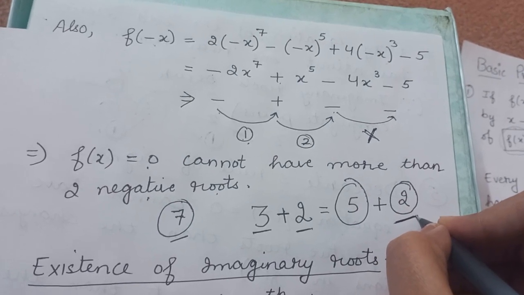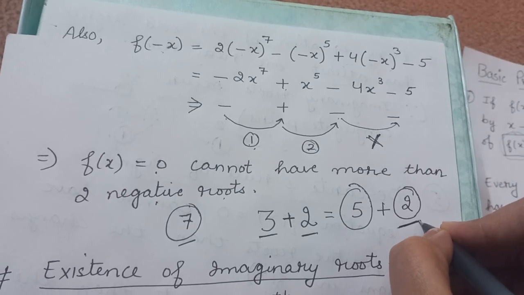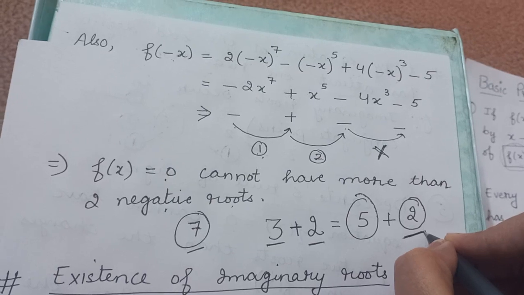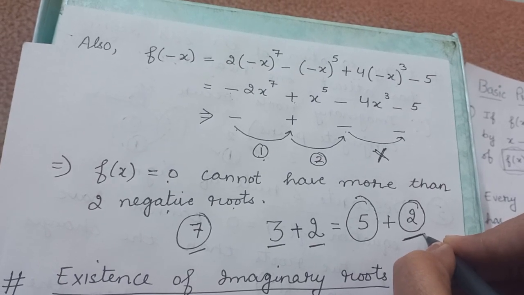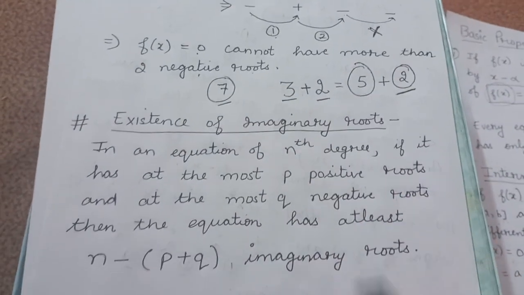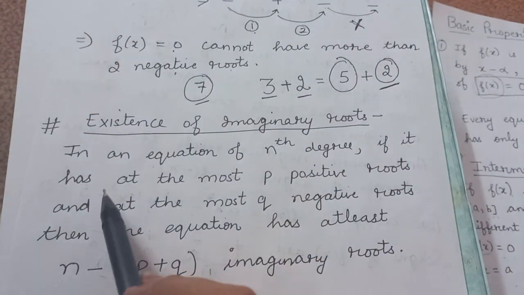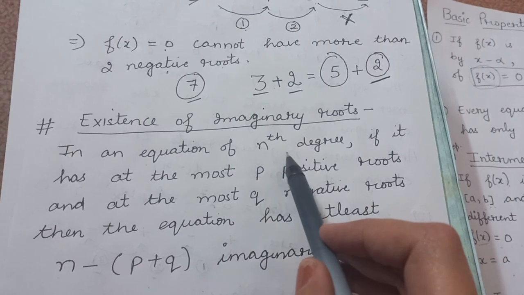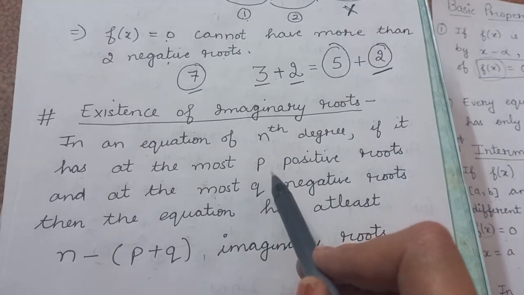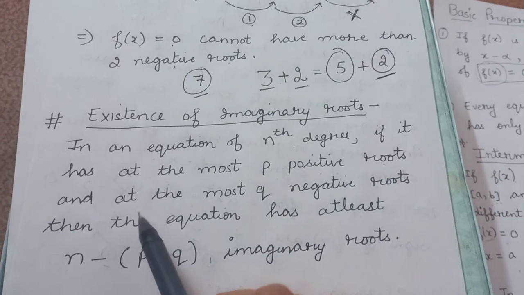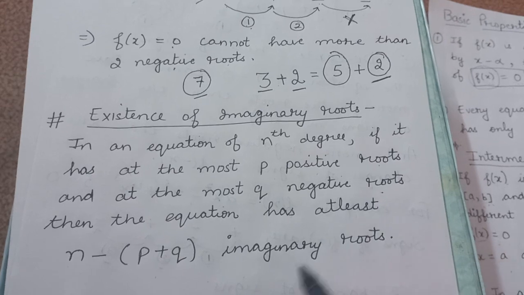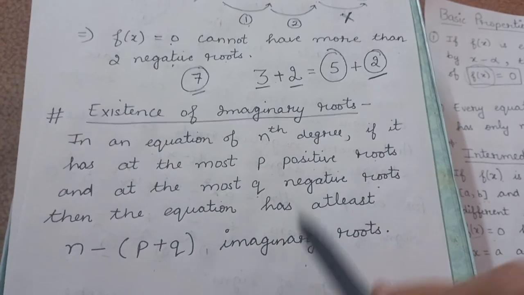Got it? So how can we understand the nature of roots using this Descartes rule of signs? The numbers of positive and negative roots are the real roots. You will count them. Then how will you find out the imaginary roots? This is the way. If an equation of nth degree has at the most p positive roots and at the most q negative roots, how many imaginary roots will it have?